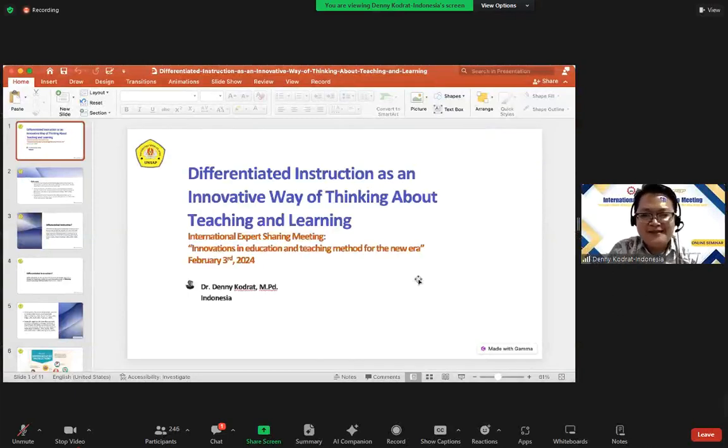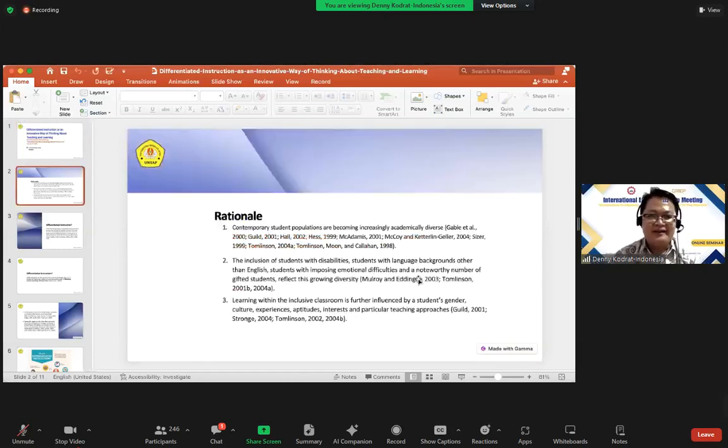My title is Differentiated Instruction as an Innovative Way of Thinking about Teaching and Learning. As we can see from many references, today's student population is becoming increasingly academically diverse.